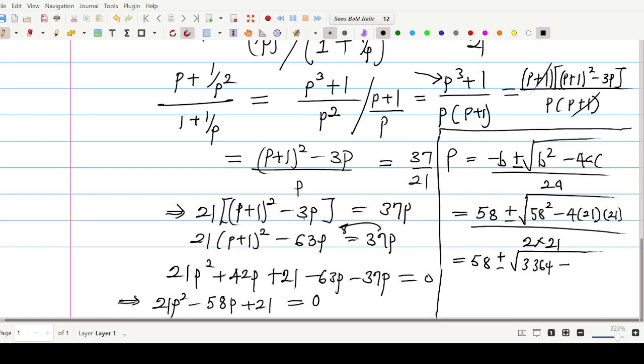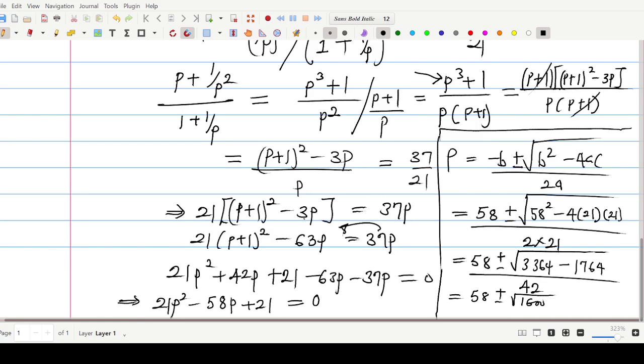On subtraction, 3,364 minus 1,764 gives 1,600. The square root of 1,600 is 40. So this is equal to 58 plus or minus 40 over 42.